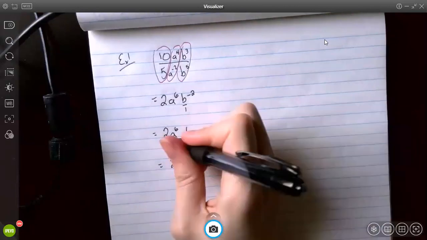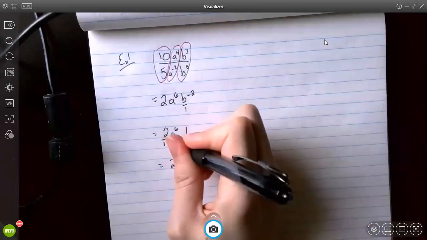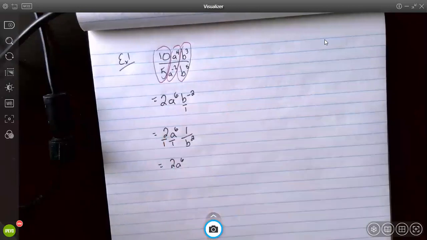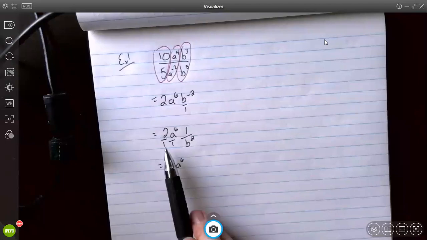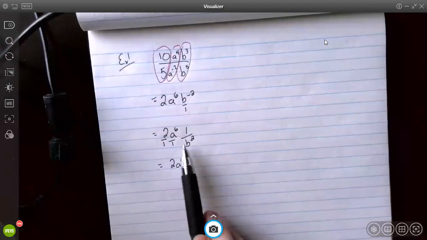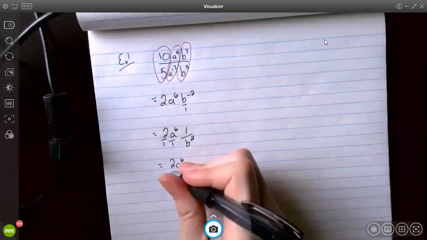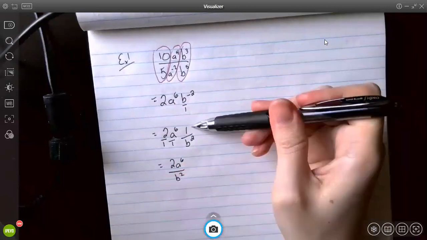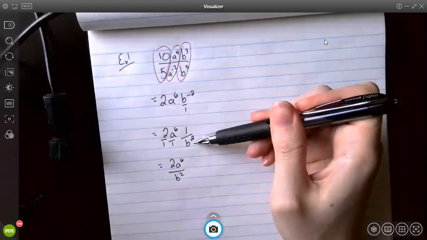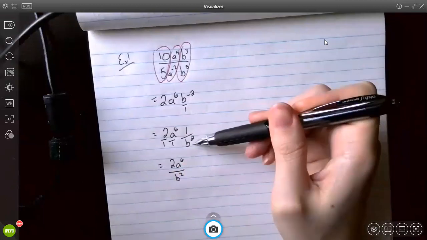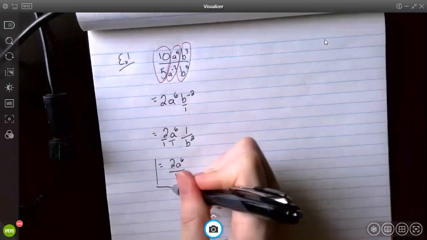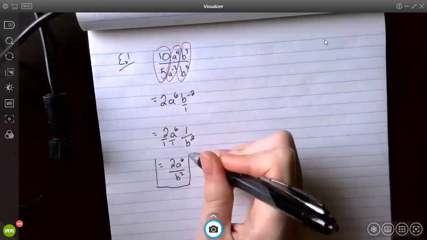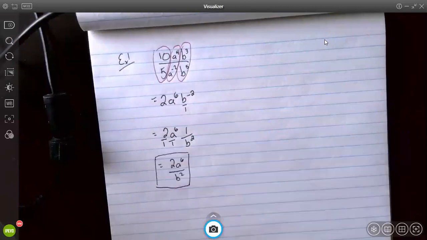And then if you want to put all of these over 1, it might make it easier to see what's happening here. I have 1 times b squared, which is b squared. Okay, so when I took the reciprocal of my b power, it got flipped to the bottom. That's why it ends up on the bottom of this fraction here.